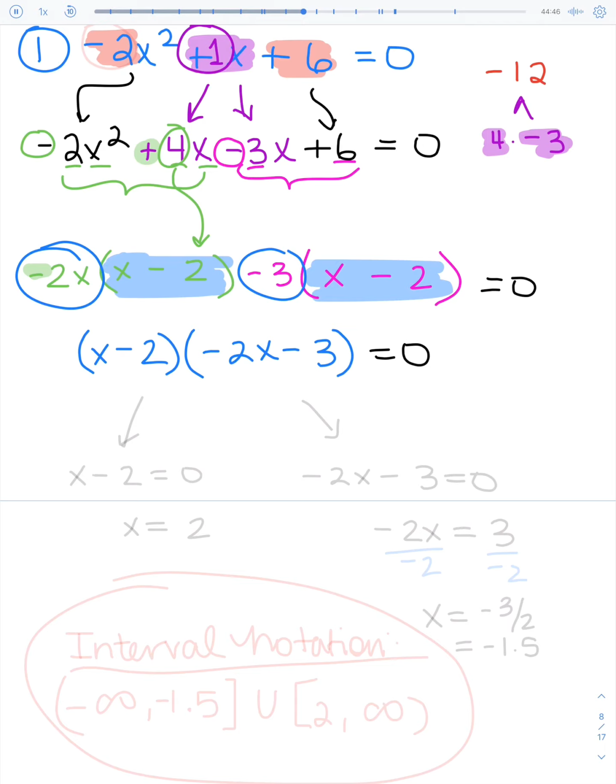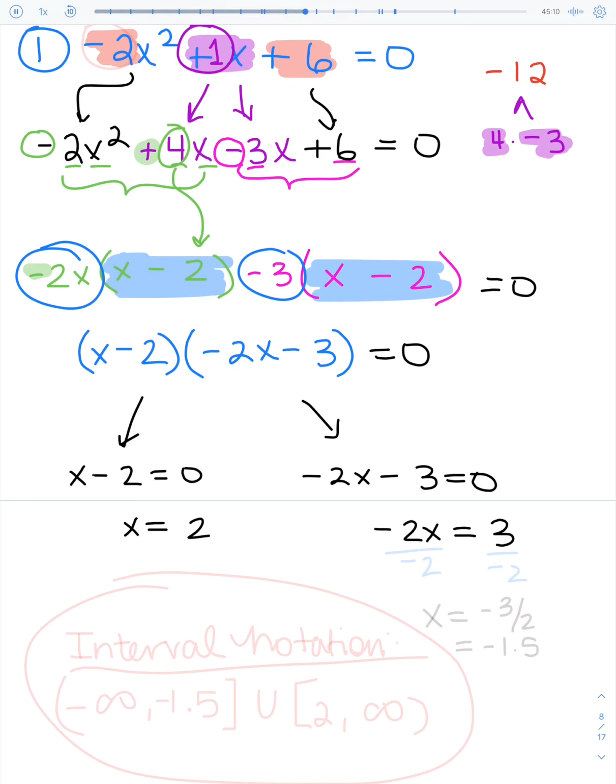Once it's factored and equals 0, then you can go ahead and set each piece equal to 0. On the first piece, we'll add 2 to both sides and get x equals 2. On the second piece, we'll add 3 to both sides to get negative 2x equals 3.